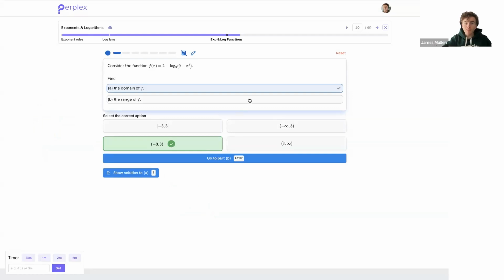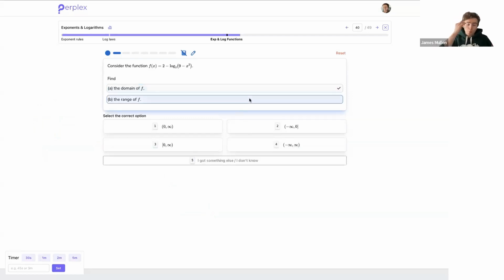And now for part B, the range of f. Well, we realize that, again, log base 3 of 9 minus x squared is only defined for when 9 minus x squared is positive. So let's think about when log base 3 of 9 minus x squared is biggest. It has a max when x squared is 0, when the inside is maximum, and 9 minus x squared is never bigger than 9.